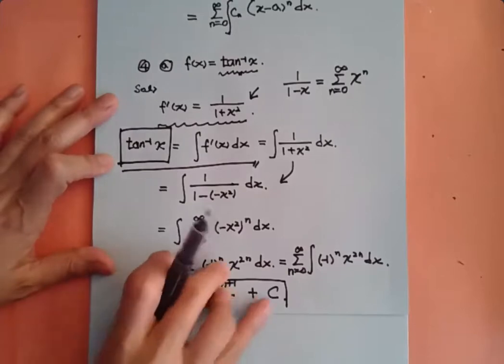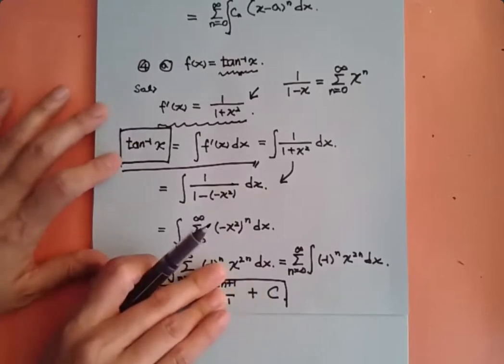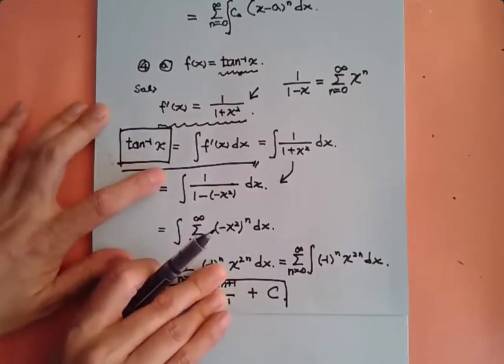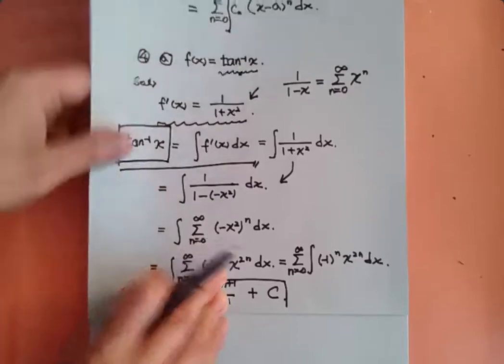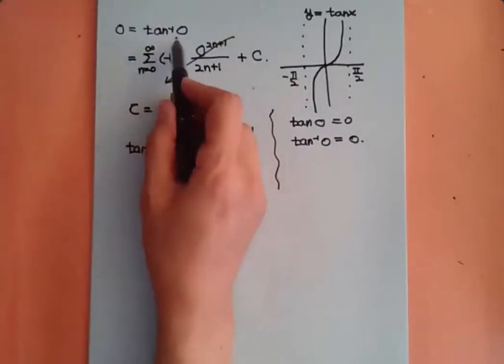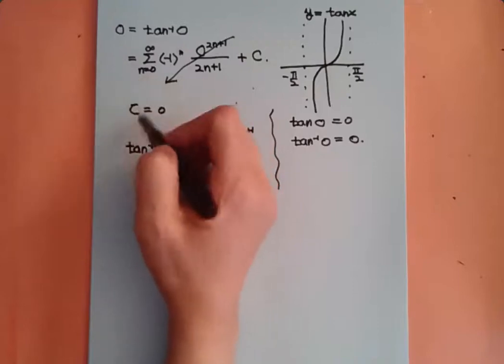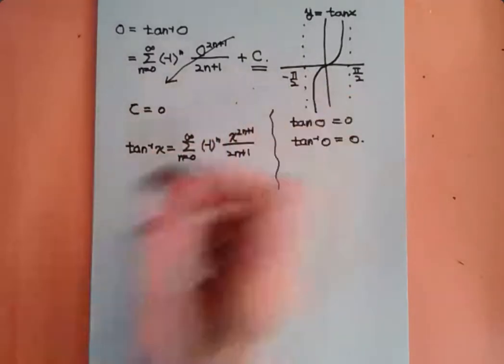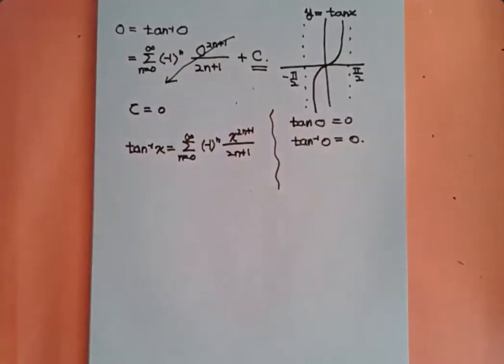And so C is the same as tangent inverse of 0, right? What I was saying was tangent inverse of 0 is 0, and so C equals 0. Do you have any other question? No, thank you. Okay.